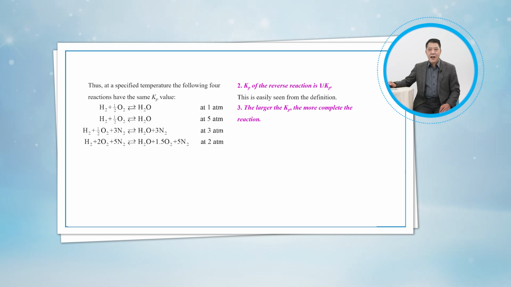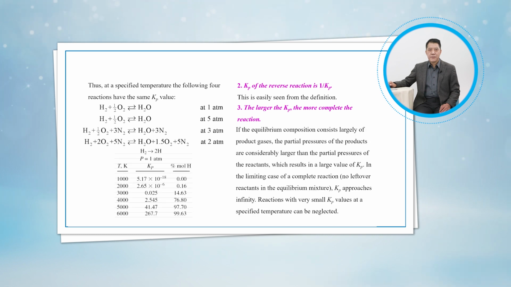Thirdly, the larger the Kp, the more complete the reaction. If the equilibrium composition consists largely of product gases, the partial pressures of the products are considerably larger than the partial pressures of the reactants, which results in a large value of Kp.